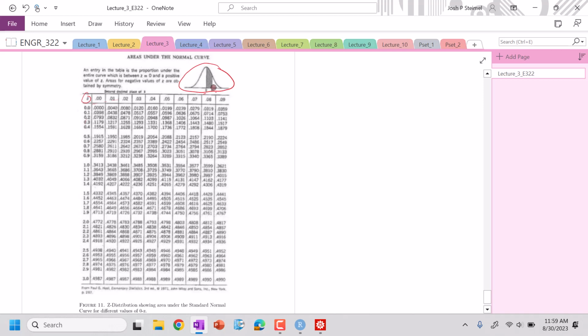So if I want to find 95% of my data, you see there's no 95 here. But remember, we're symmetric. So if I want to find 95% of my data, I need to find where this integral is 0.475. And where is that? Here we go.